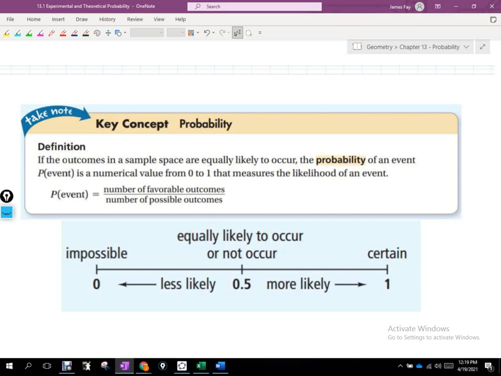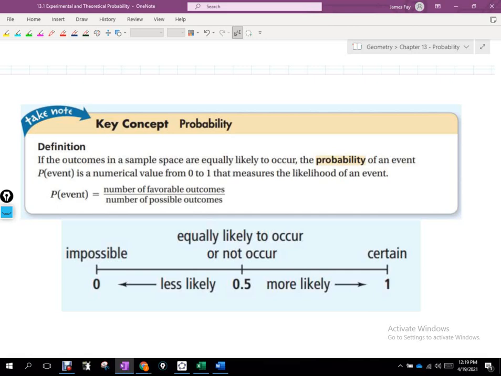If I tell you I'm going to flip a coin and a side is going to show up, a heads or a tails, that's going to happen. I'm not going to flip a coin and have it rest on an edge. A face is going to show up. That would be 100%, and we say 100% is certain to happen. If we get 0, let's say I flip a coin and ask what the probability is that a giraffe shows up, that's not going to happen.